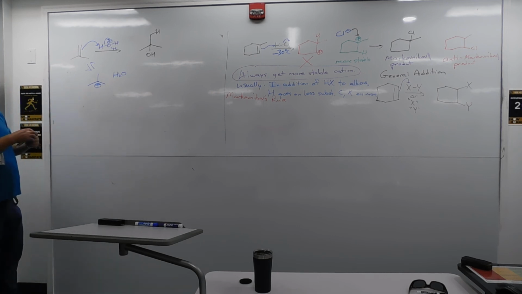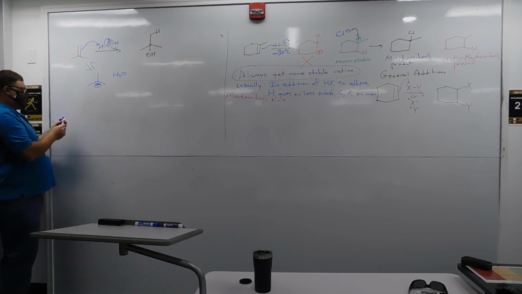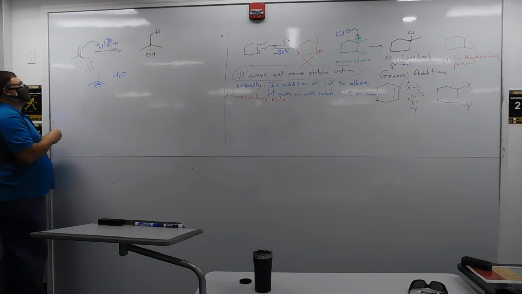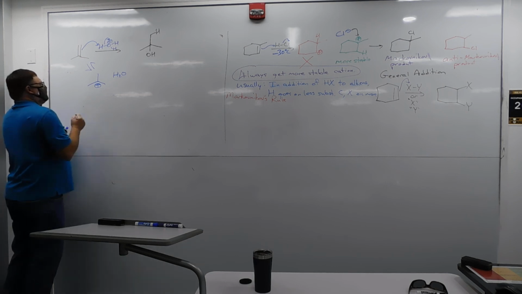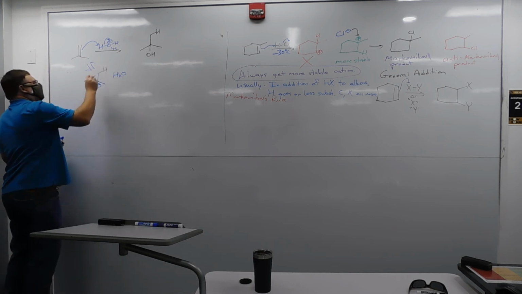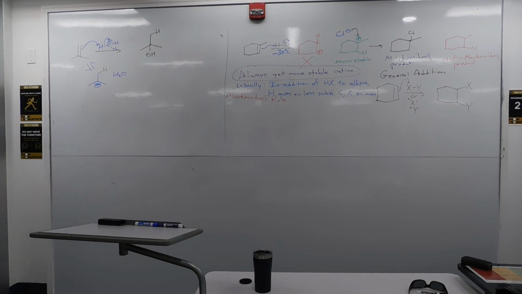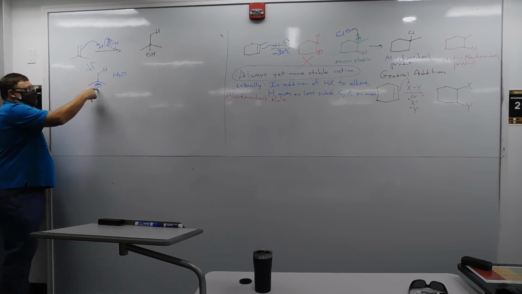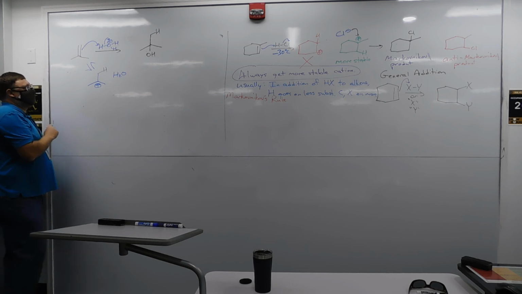Now the next step. We have to make a CH bond going from the reactants to the product. The first step makes our CH bond. H goes on the less substituted carbon, giving the more substituted carbocation.